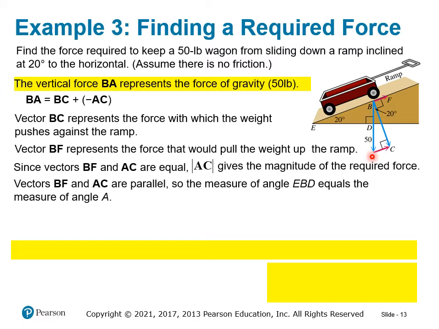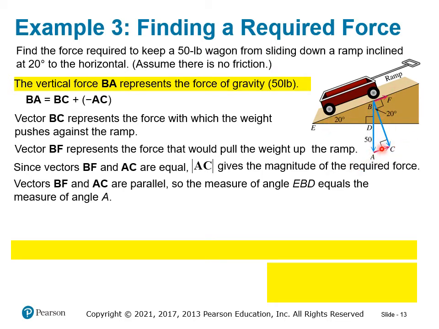Vectors BF and AC are parallel, so the measure of angle EBD, this is the actual inclined plane, equals the measure of angle A. EBD equals the measure of angle A. This is alternate interior angles, parallel.